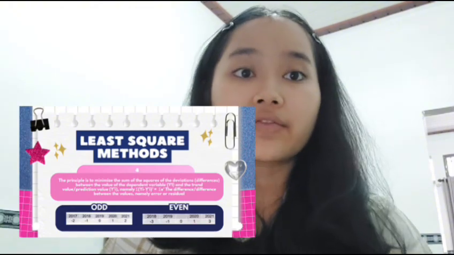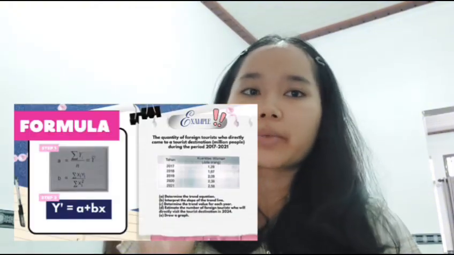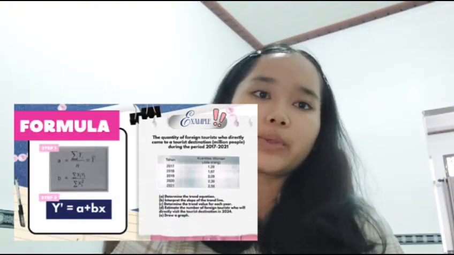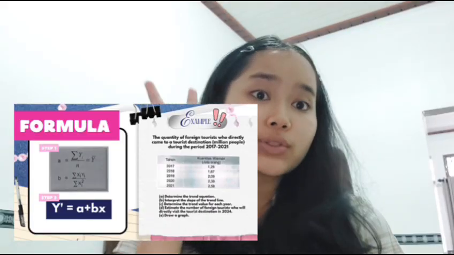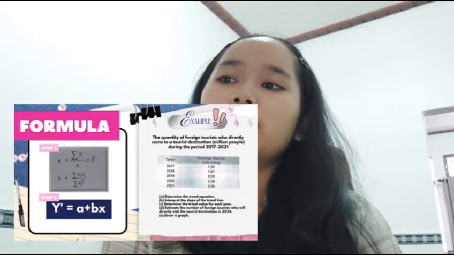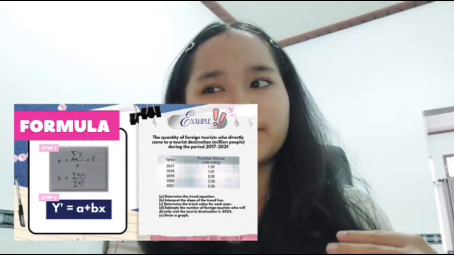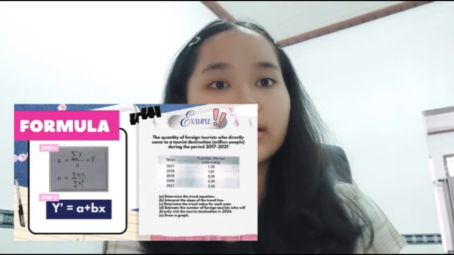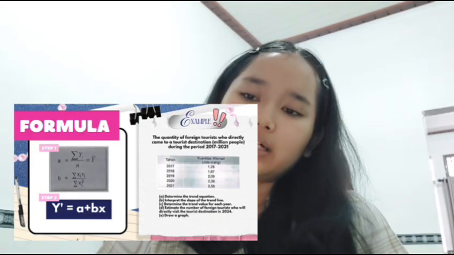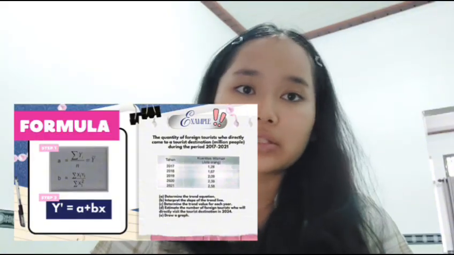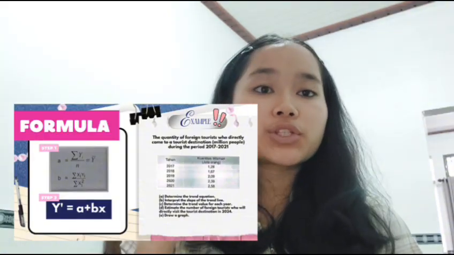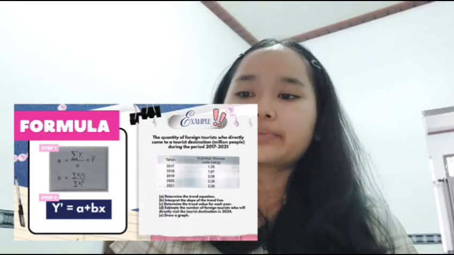Next is the formula for using the least squares method. We need two steps, or two formulas. For step 1, we need to find a and b.